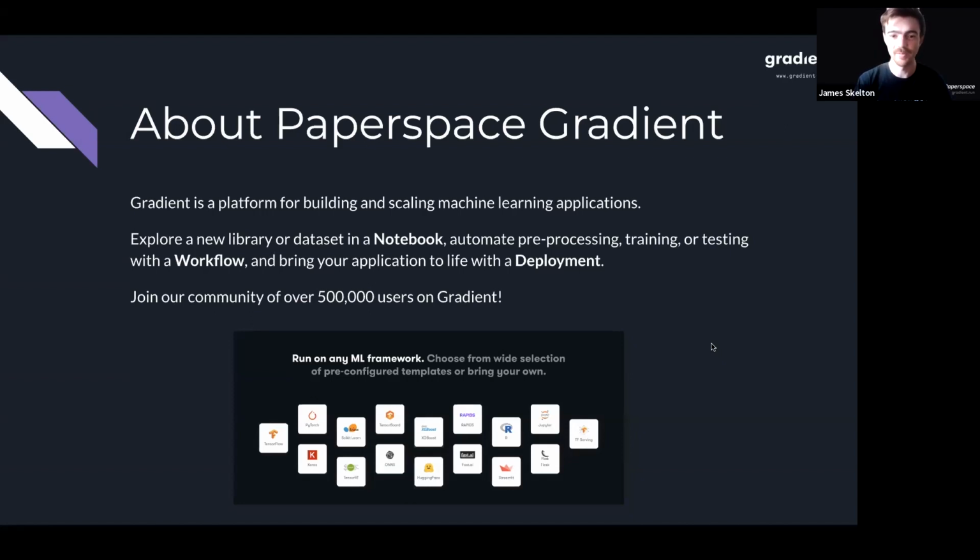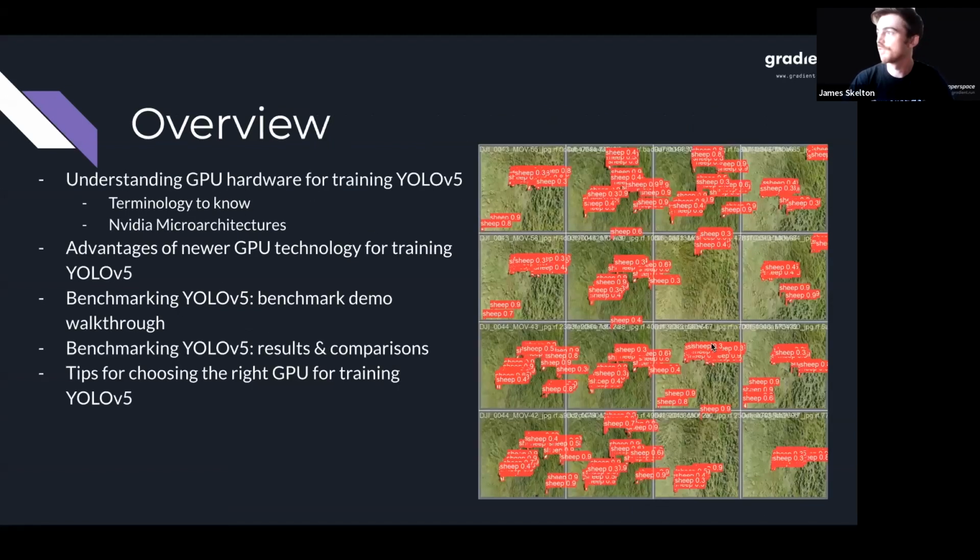But today we're going to be using the platform as our demonstration space. So just to give a little bit of an overview about what we're going to be covering, we'll start with a broad strokes overview about understanding GPU hardware for training YOLOv5, specifically talking about terminology that I believe you should know, and NVIDIA microarchitectures.